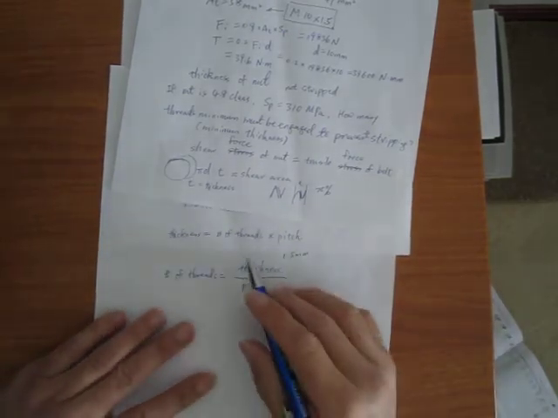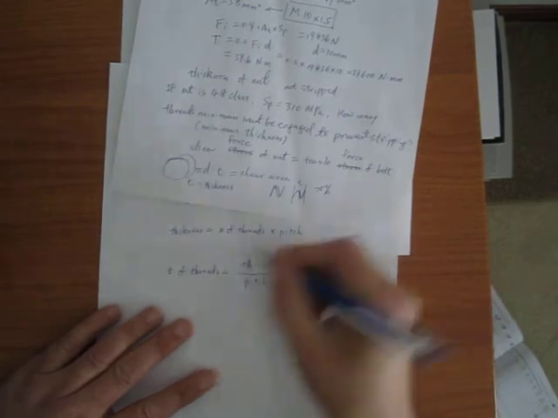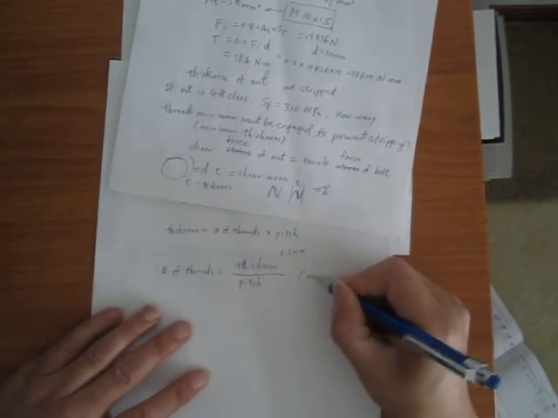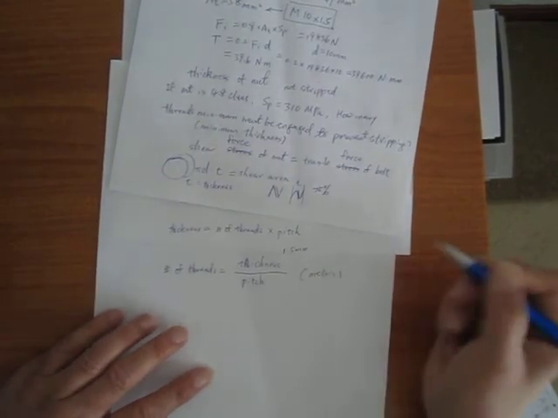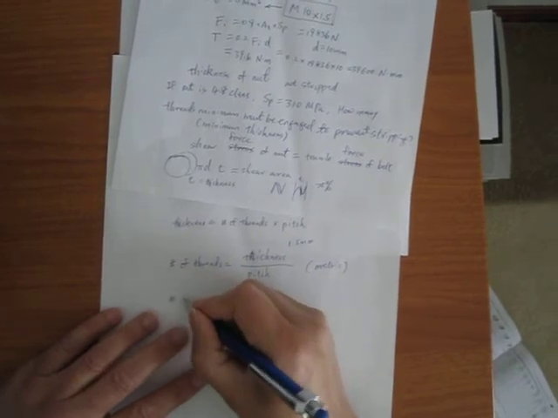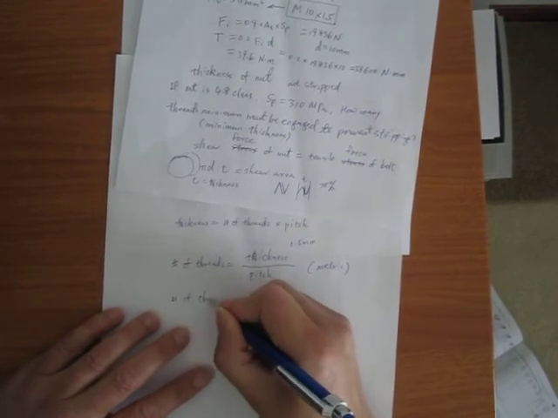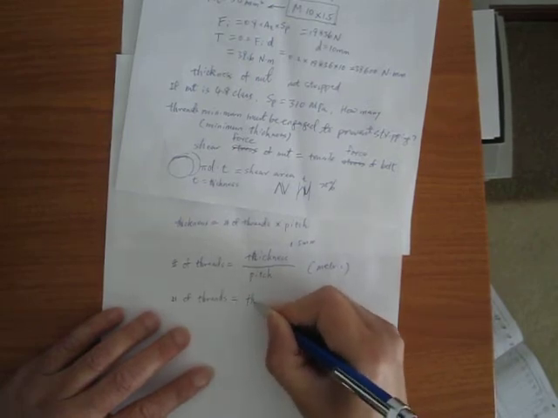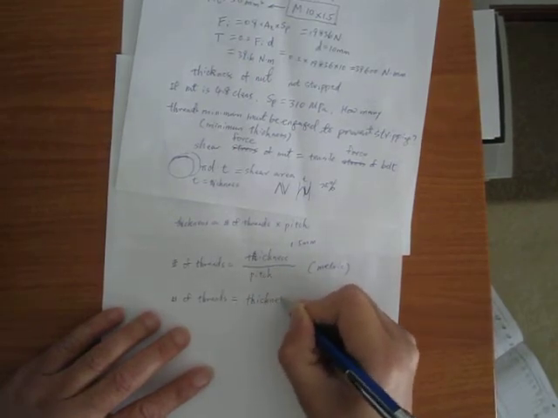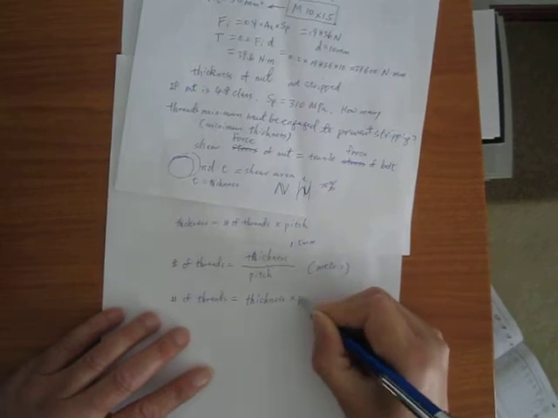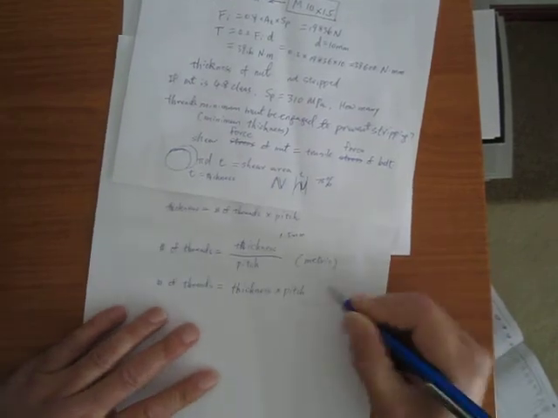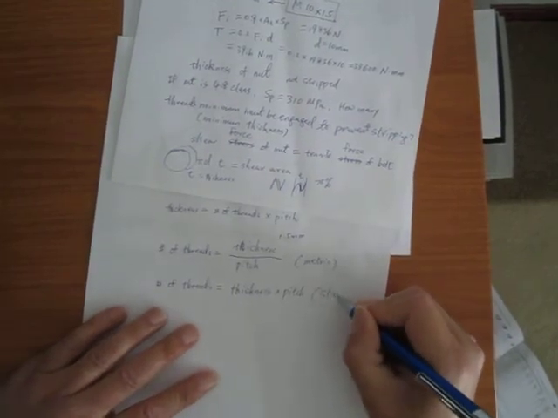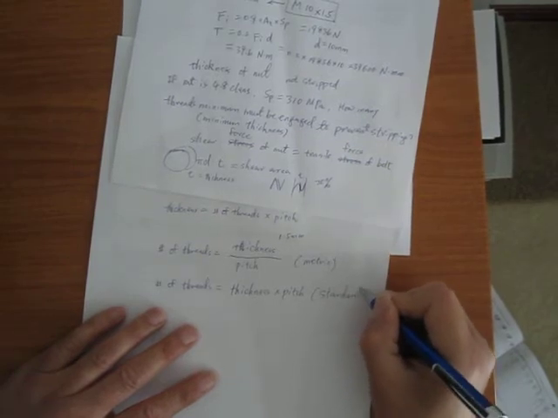Now in standards, number of threads, that's metric. Standard number of threads is equal to thickness times pitch, because the definition of pitch is different.